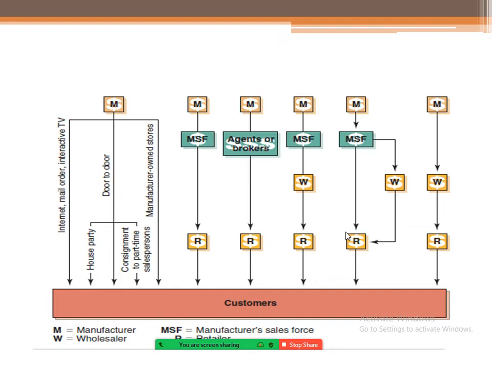Time-pressed consumers in many countries are increasingly attracted to time and place utility. So you have the time utility, you have place utility. Also, you have a variety of products and services at your fingertips. These time and place utilities were created by the internet and similar new media technologies.